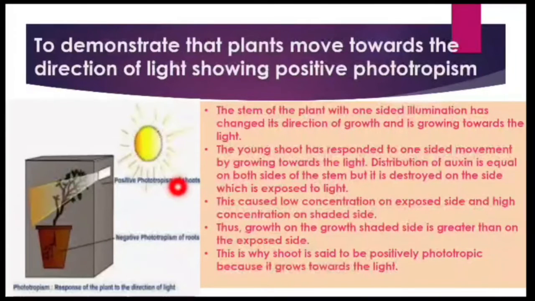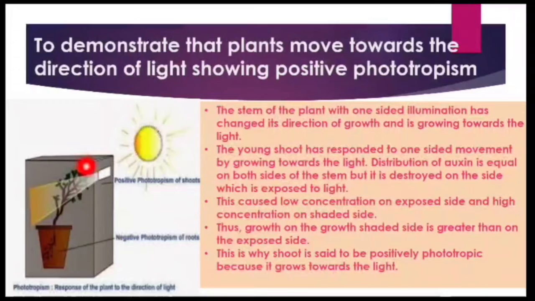Now, there is an experiment to demonstrate that plants move towards the direction of light, showing positive phototropism. For this, take a healthy potted plant and place it in a cardboard box with a wooden cut on one side so that light reaches the shoot from one direction only.